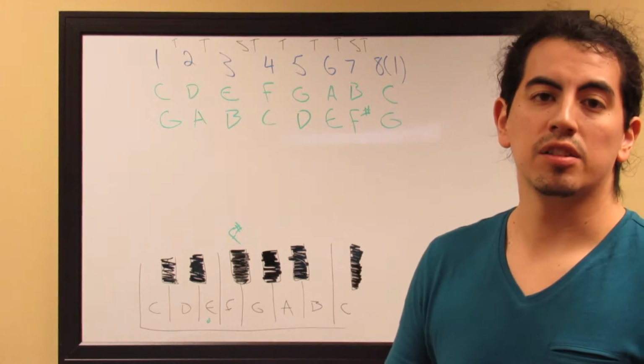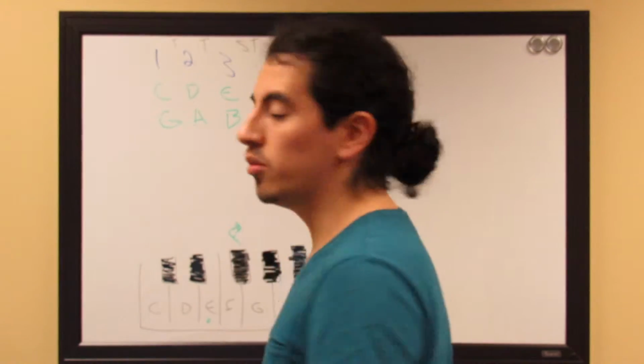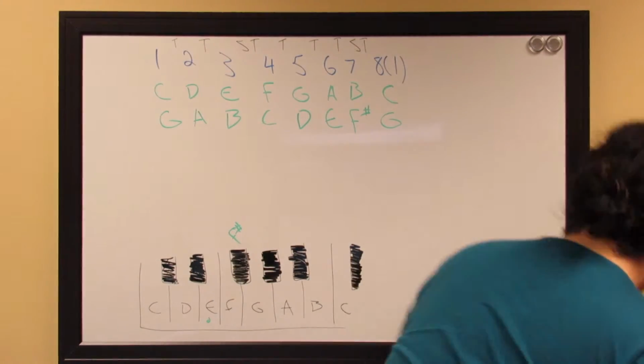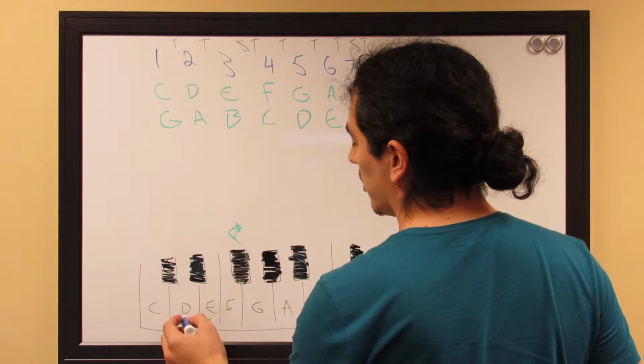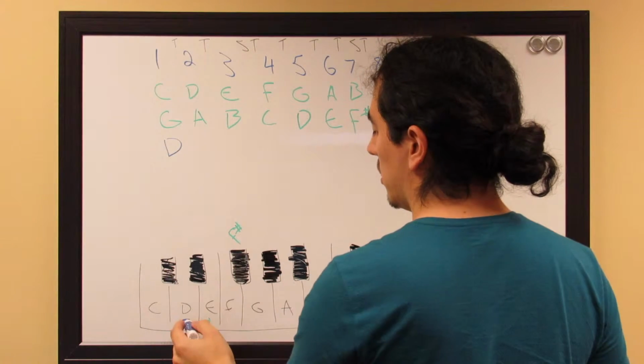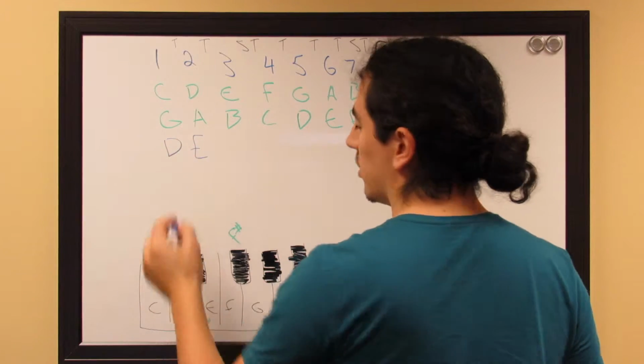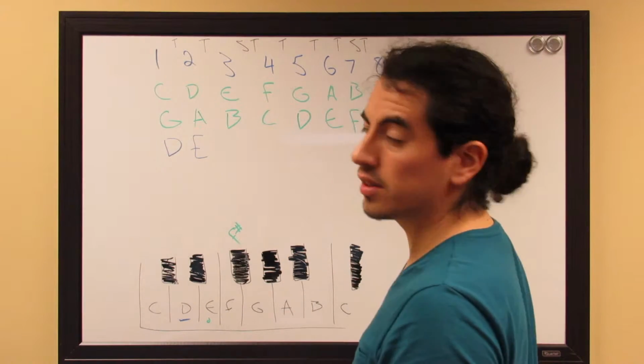Let's do the same thing in D. Let me grab the blue marker. We're going to start on D to E. Don't even know my own major scale. How am I going to teach this thing?